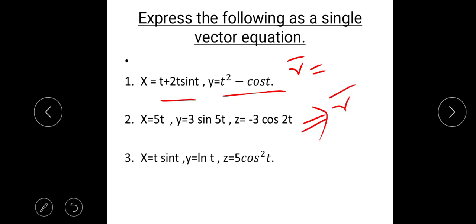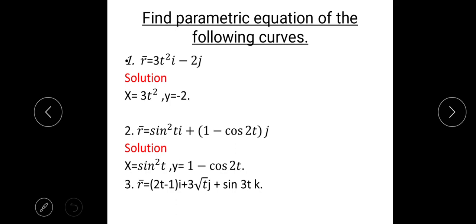Okay, combined form. Now, we are doing the reverse. Find the parametric equation of the following curves. You are given the vector equation r is equal to 3t square i minus 2j. You are asked to find the parametric form, the parametric equation, that means the split up form.